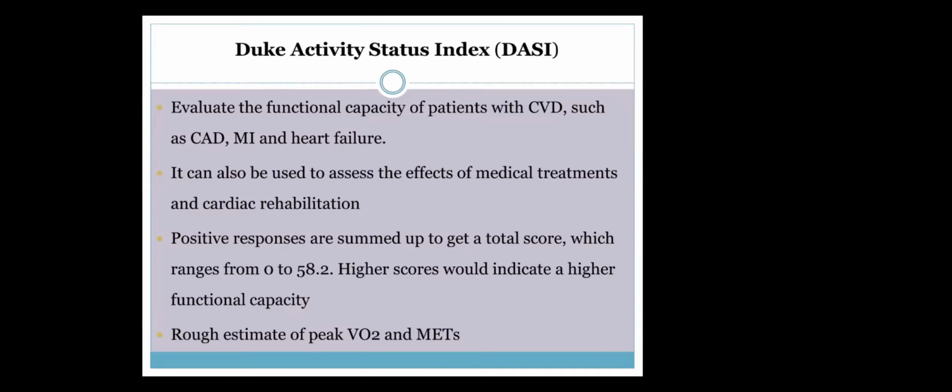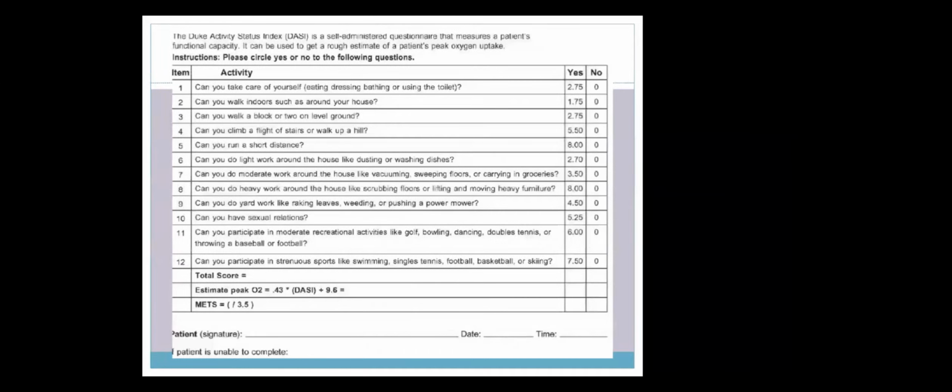The added advantage of this scale is that it also gives you a rough estimate of the peak VO2 level. It is not measured, so it is a predicted peak VO2 level, and also the approximate MET value. If you see at the end, you will get the total score, and you can estimate the peak VO2 by using this score.